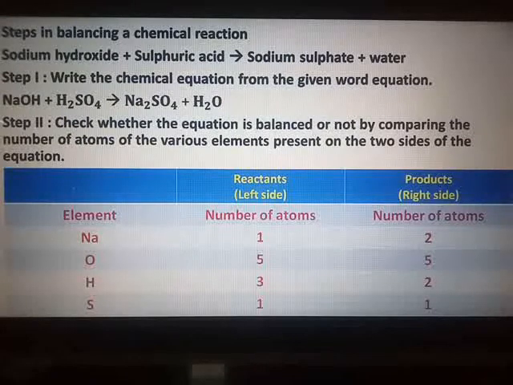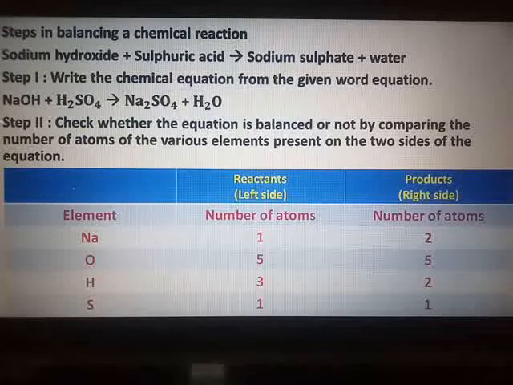Here we have followed the first step, that is, from the word equation we have written the chemical equation form. Now step number 2. We are going to balance the equation. What does that mean?